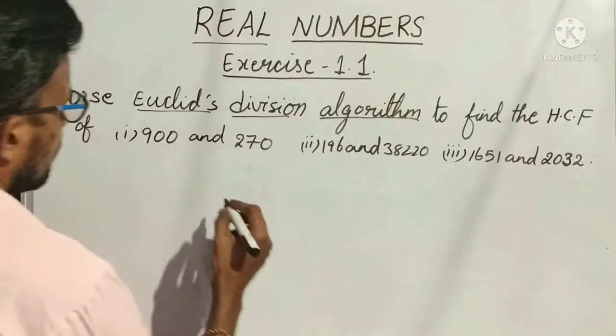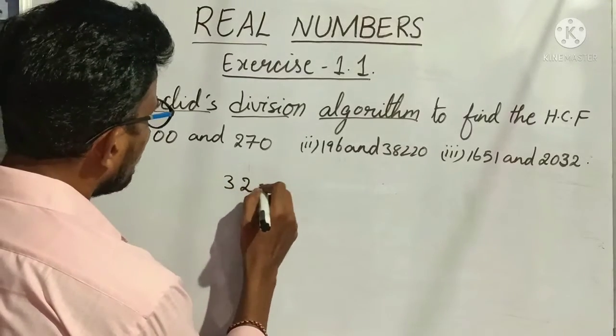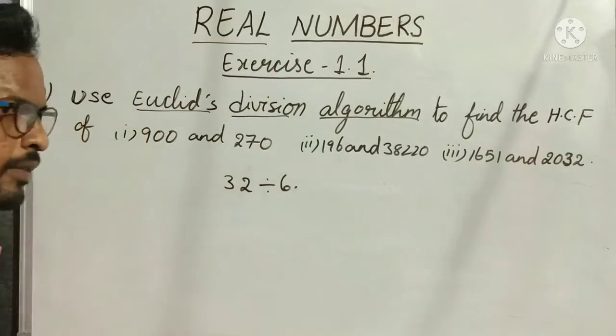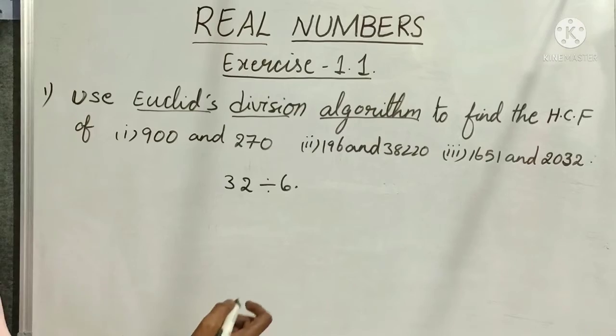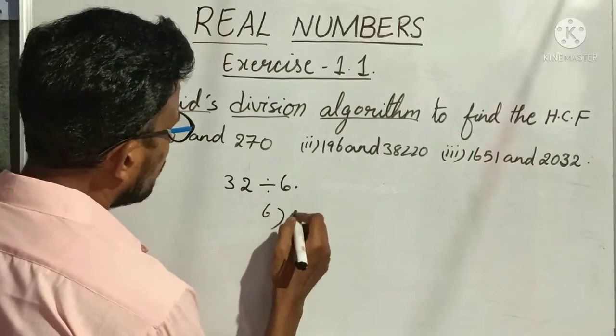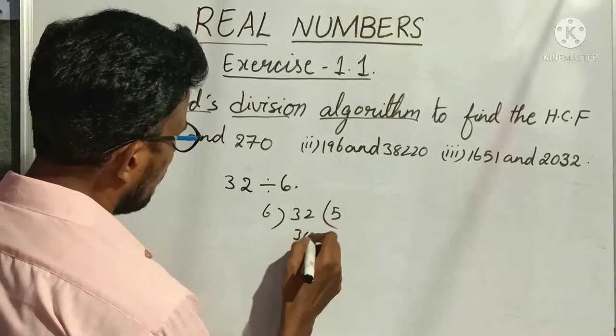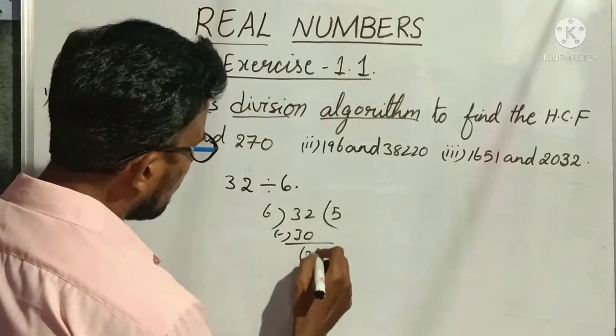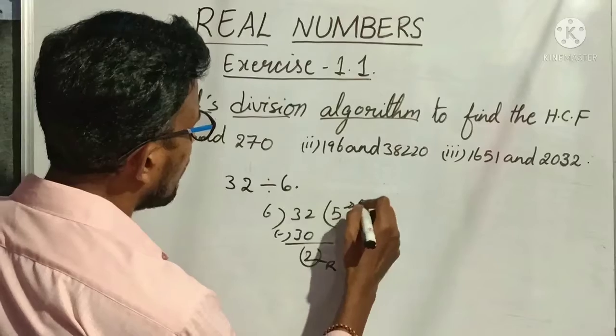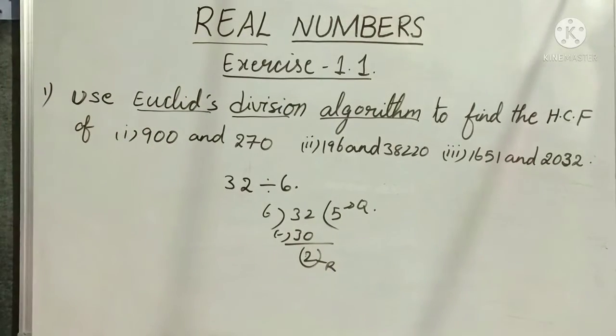First let us take a simple one: divide 32 by 6. Six fives are 30, and 2 is the remainder, and 5 is the quotient.